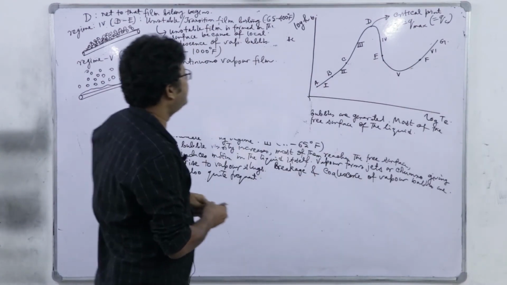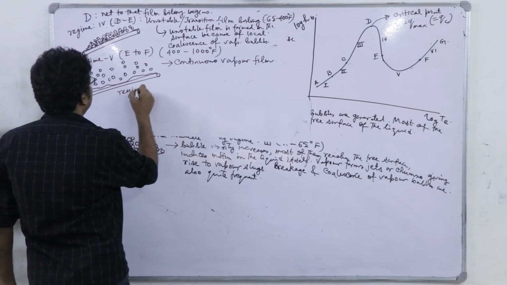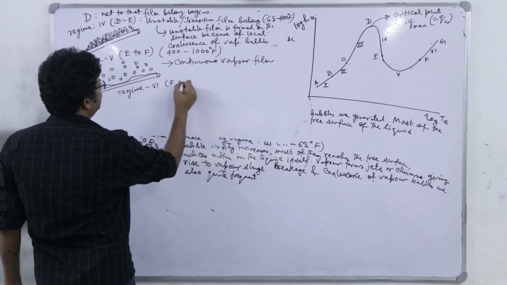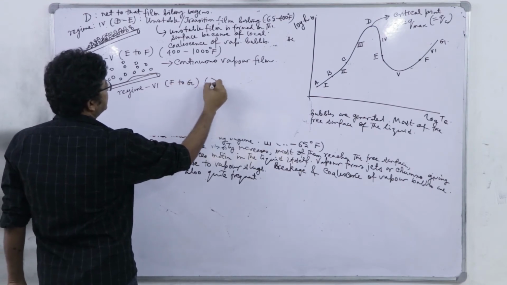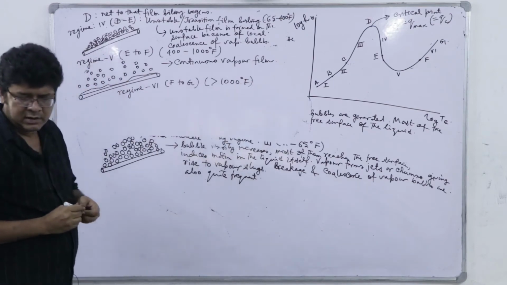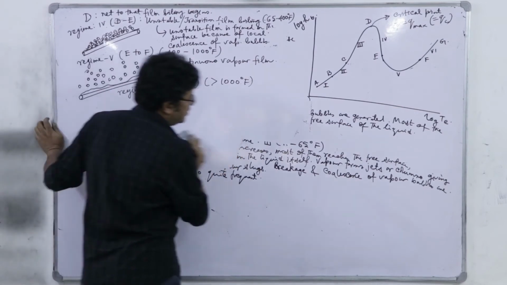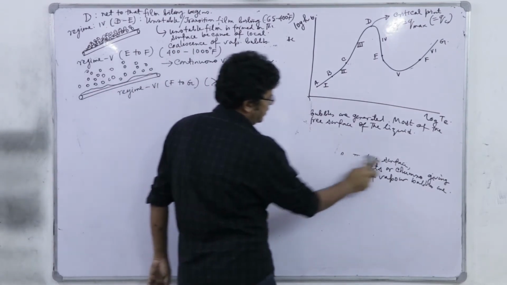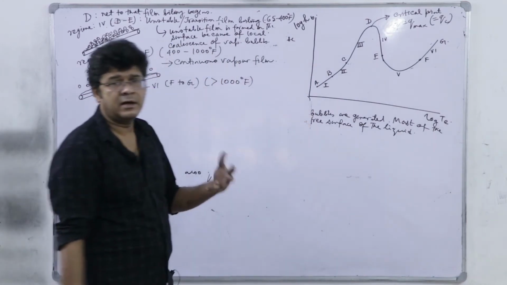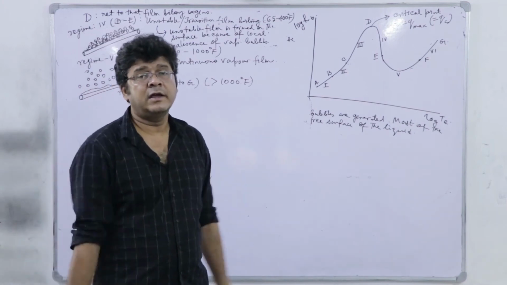So, from F to G, next it is regime 6, F to G. Here the temperature is greater than 1000 degree Fahrenheit and it may continue to any extent, depends on how much excess temperature or how much surface temperature we can actually impart in this heating coil, right.